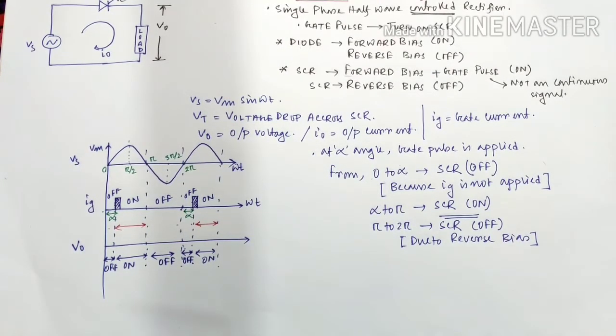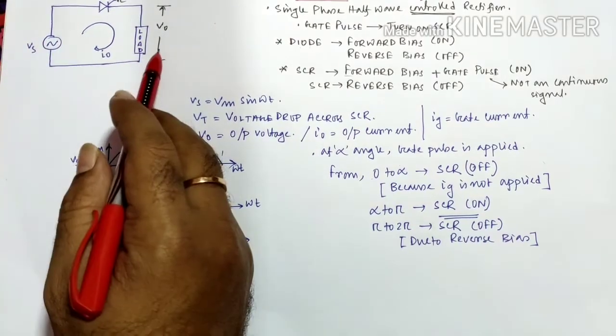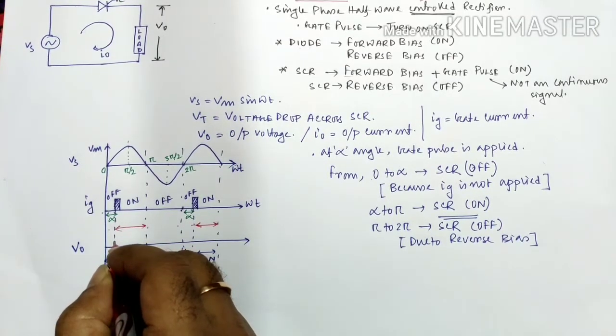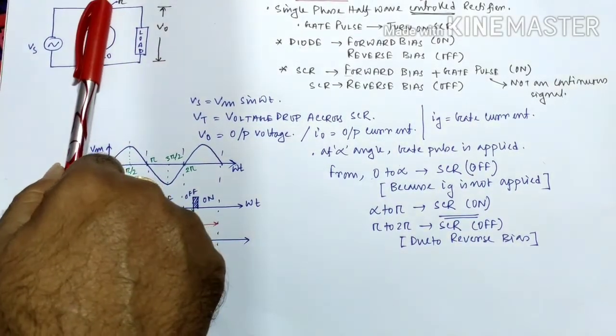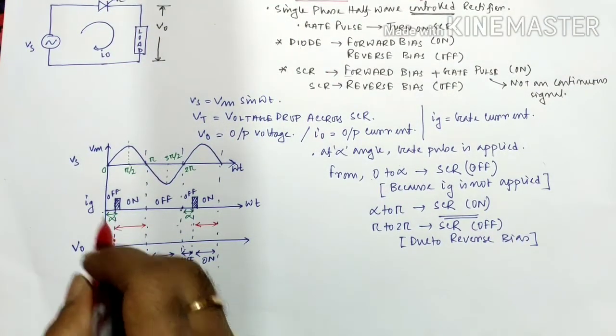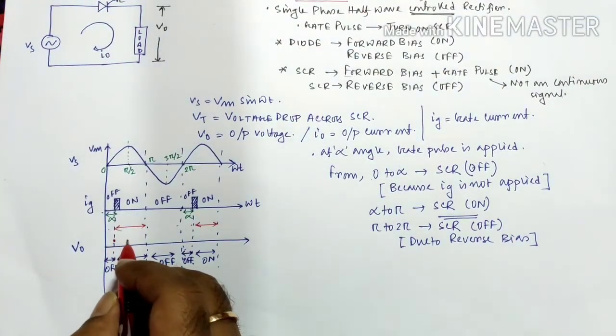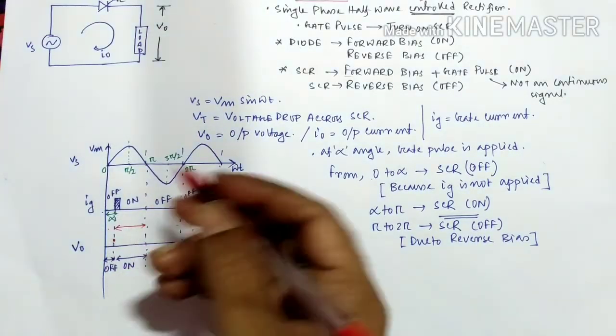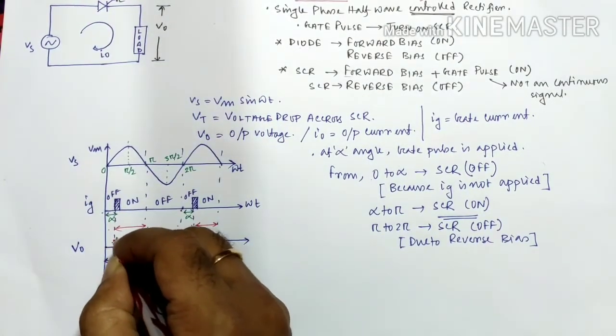When SCR is on, it becomes a good conductor, so whatever Vs is present here will be available as V0. After this position the output will directly follow Vs. It is like a switch. When this is on, Vs will be reflected here. So at this position the SCR is on, that means output will perfectly follow the input. Now how does the input look? Input looks like this one.